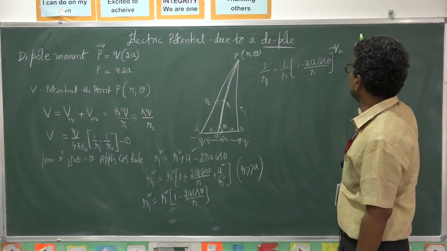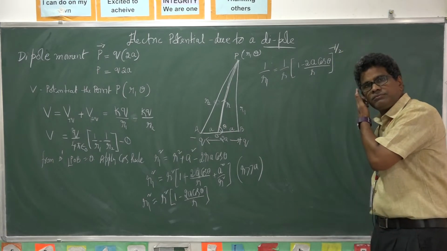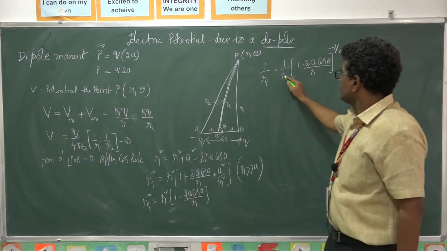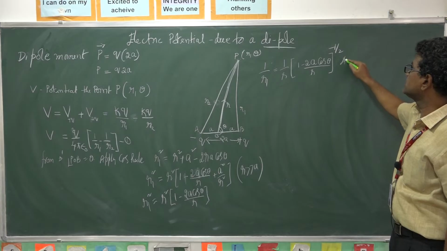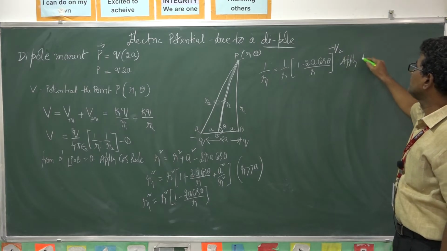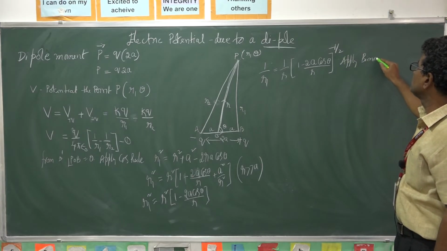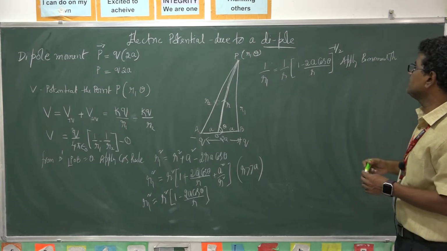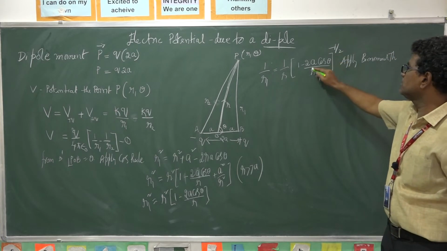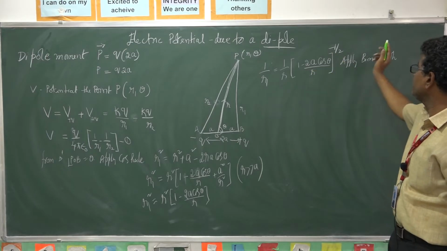So you have to inverse that. Clear? Now you apply binomial theorem for this. We simplify this. The first term you keep as it is, remaining terms you neglect.